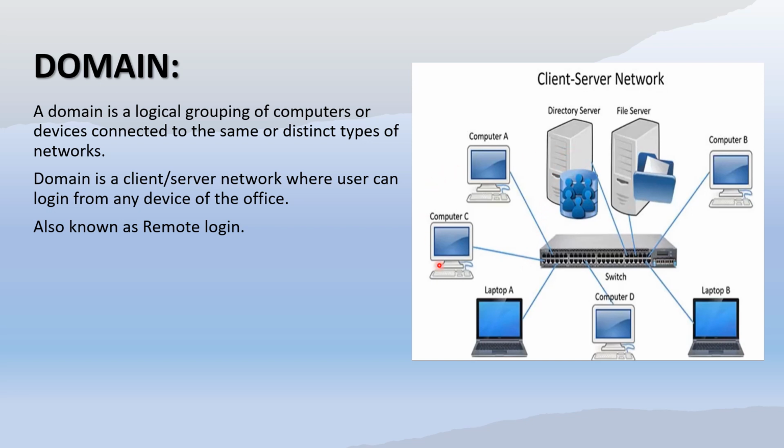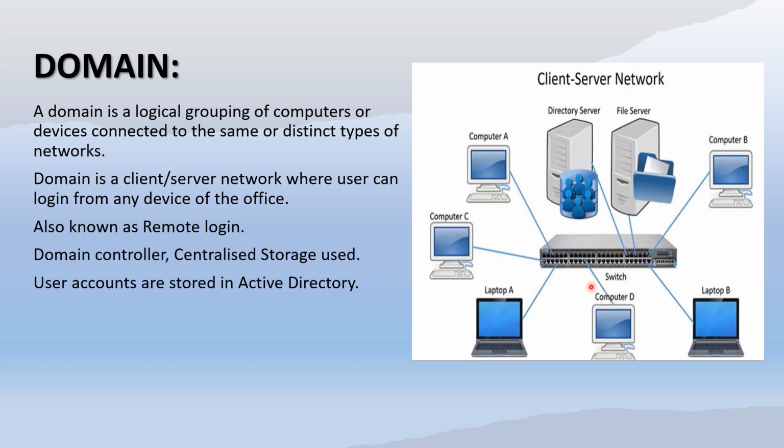To connect these devices, domain controllers are used with the directory server, where you are able to log in to your PC, and it will allow you access. If you want to access any file or any application, you can get it from the file server once you log on to the PC. This kind of login, we can call remote login.